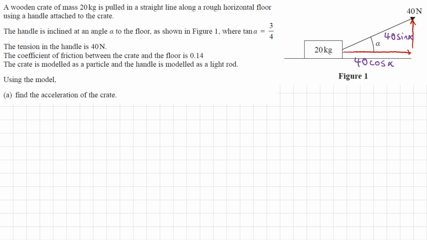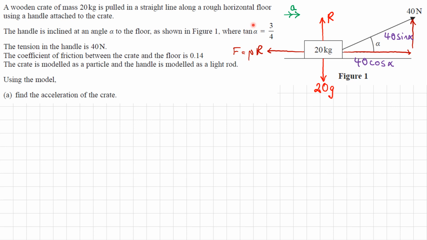In the opposite direction, I will have a frictional force F, which is equal to mu R, and I'm also going to have a normal reaction of the crate upwards and the weight of the block going downwards, which is 20 g, and it's accelerating to the right. That makes sense because that's the direction it's being pulled in.